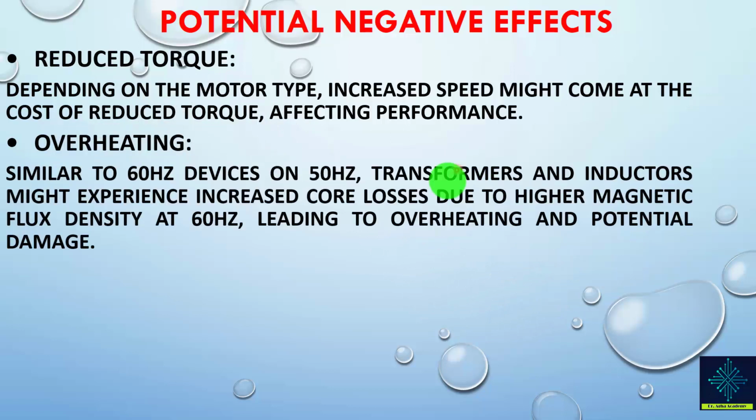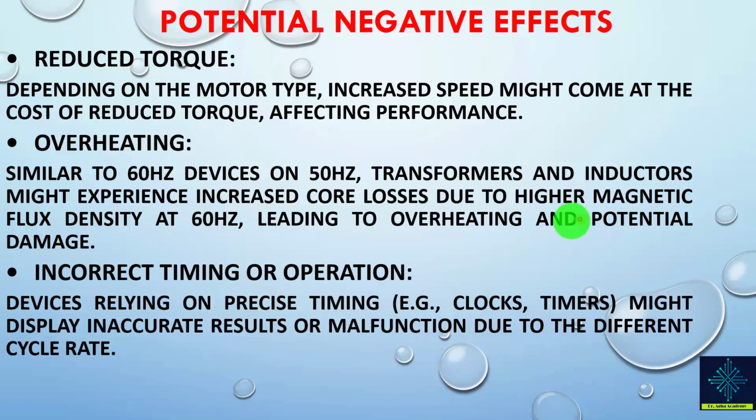Overheating, again the same problem as we have seen before. Similar to 60 Hz devices on 50 Hz systems, transformers and inductors might experience increased core losses due to higher magnetic flux density, leading to overheating and potential damage.